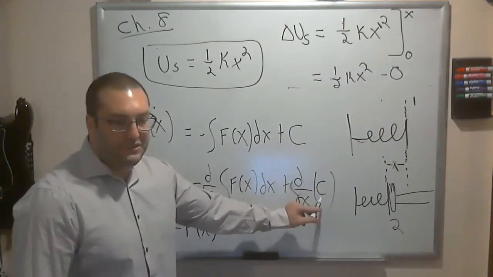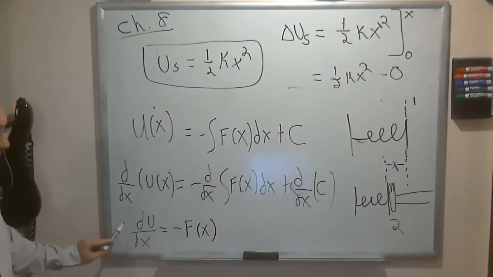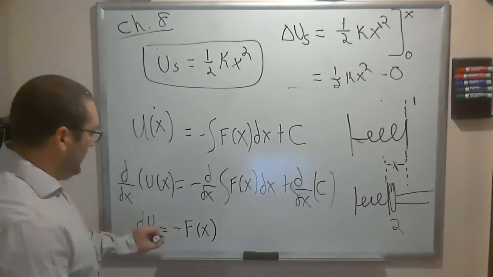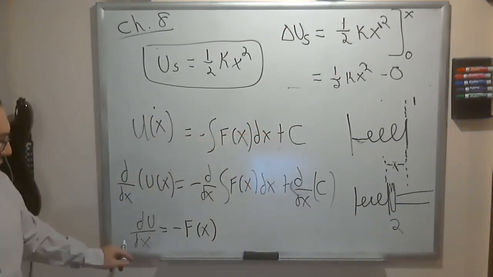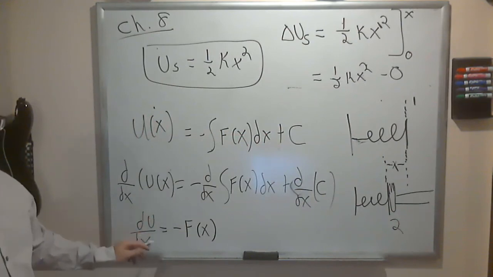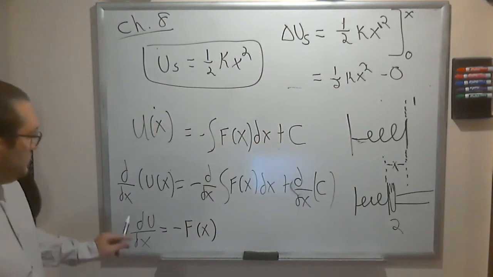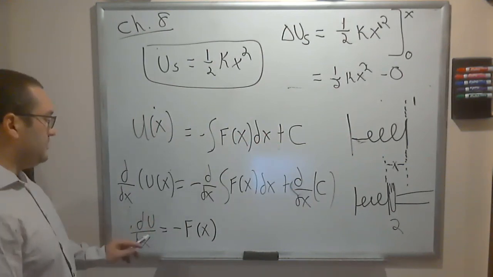And then this is 0, because it's just the derivative of a constant. And then we're left with this equation. So the force, in this problem, is equal to the change in potential energy in the x direction. So the force in the x direction is equal to the change in potential energy in that direction.